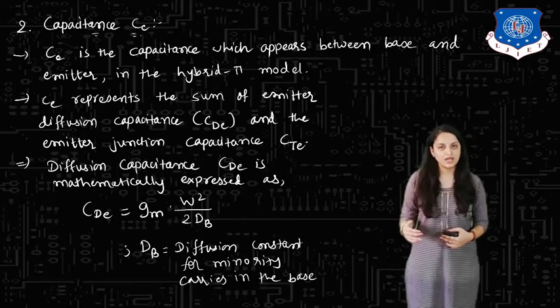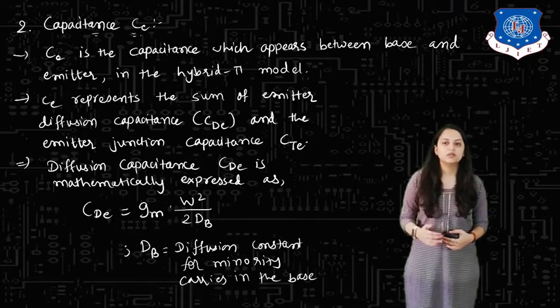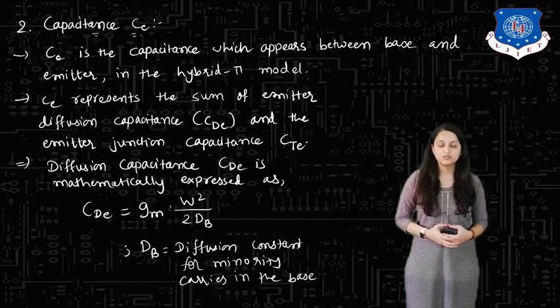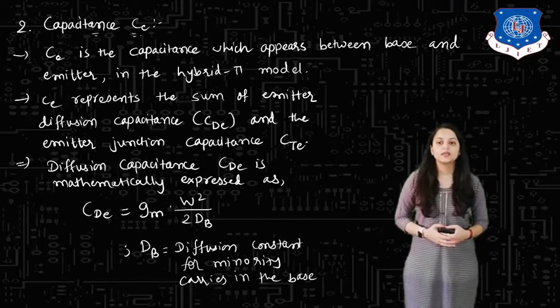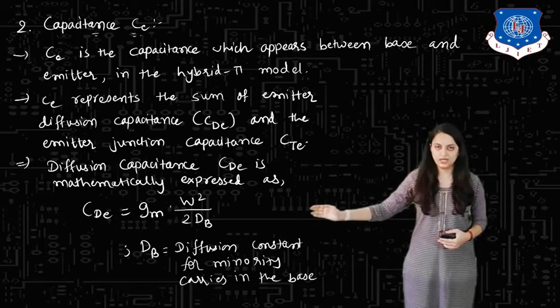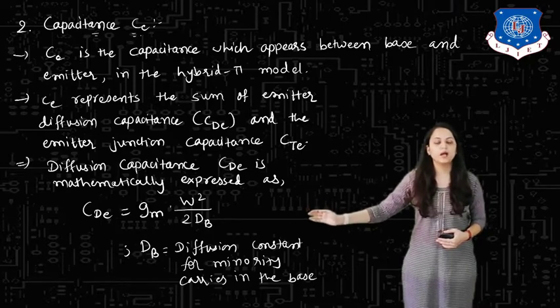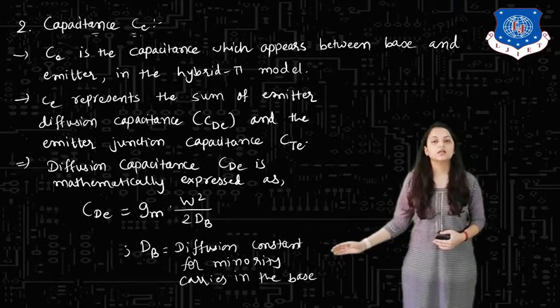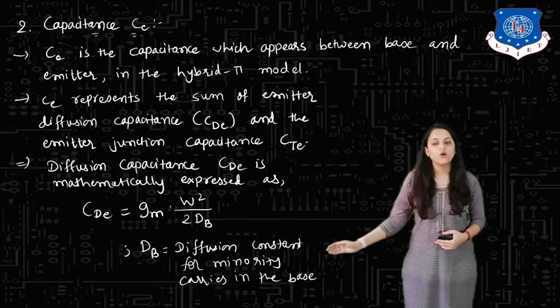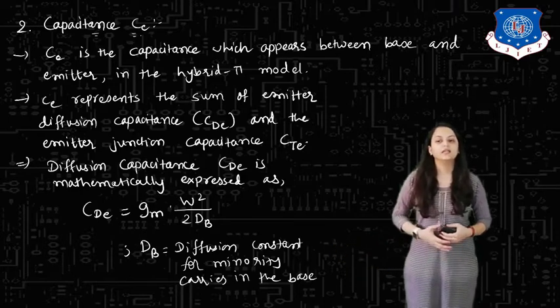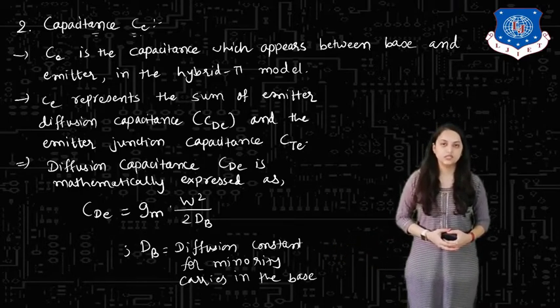The first one is the diffusion capacitance and the second one is the emitter junction capacitance. The diffusion capacitance CDE is mathematically given as CDE equals gm times W squared by twice DB, where DB is the diffusion constant for minority carriers in the base, and W is the width of the base region.